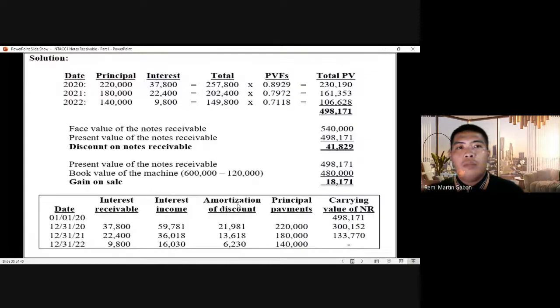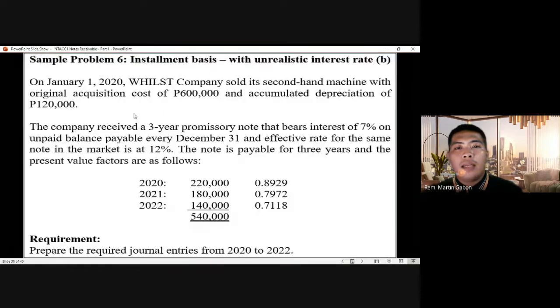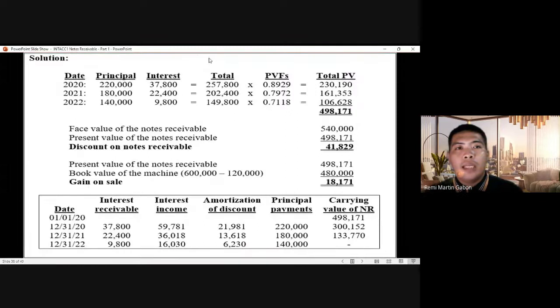So how do we solve? Our principal will follow the unequal payments: 220,000, 180,000, and 140,000. How do we compute the interest? Prior to the first installment payment of 220,000, our unpaid balance is still 540,000. So 540,000 times 0.07 is 37,800.